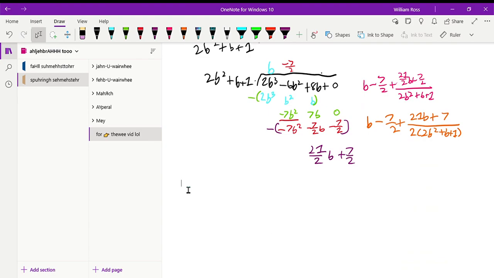Alright, so now for synthetic division. I don't know if I spelled it right. Did I spell that right? Okay, good, I did. Alright, so synthetic division. Now synthetic division is super easy and very fast.